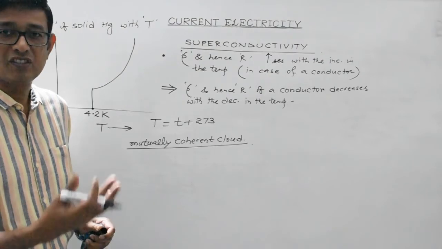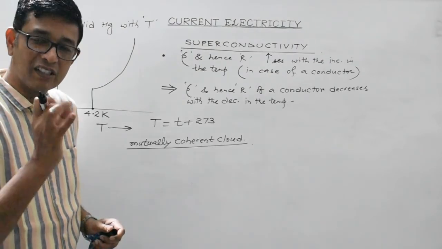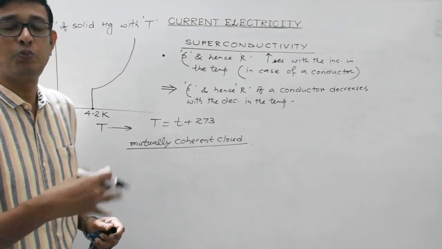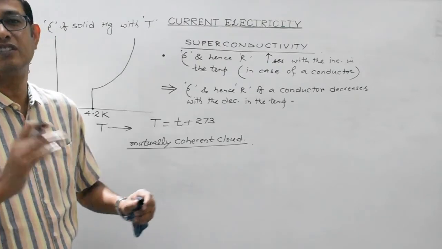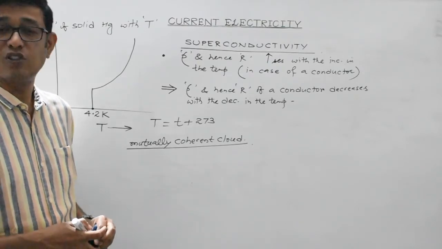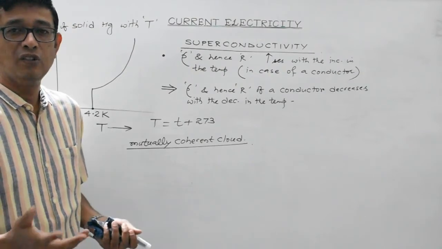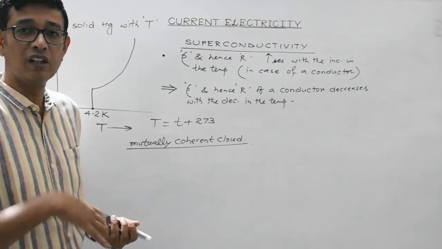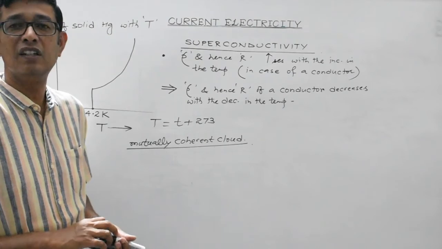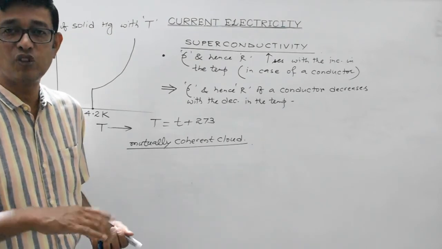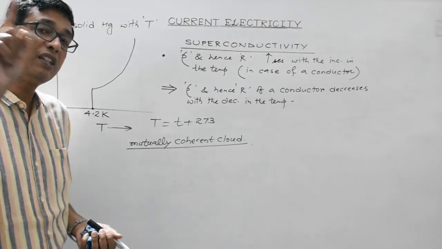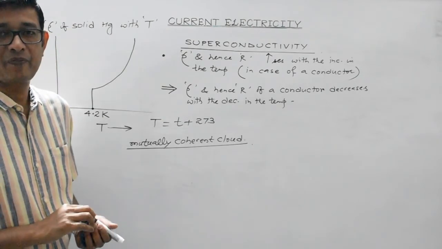And in such a scenario, the conductor is said to have become a superconductor, offering no resistance at all. So if it doesn't offer any resistance, students, no energy is required to overcome the resistance, so it can save us from the energy losses during transmission. So there comes the application of superconductivity, right?